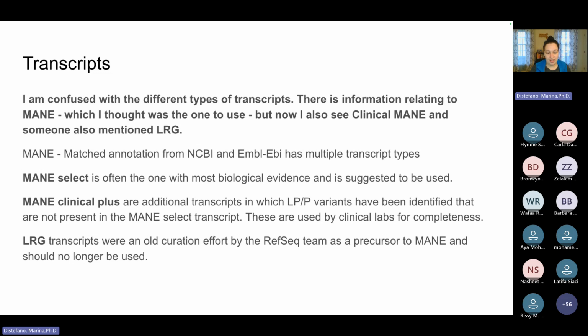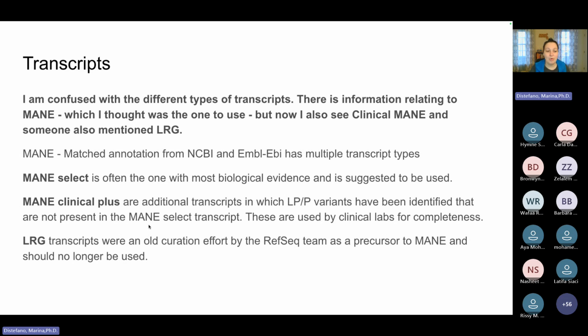LRG transcripts, which I think is locus reference genomic, if I remember correctly, were an old curation effort. And this was done by the RefSeq team as a precursor to main, and those should no longer be used. So those might still potentially be in the literature, but you really should be working towards using the main transcripts now.